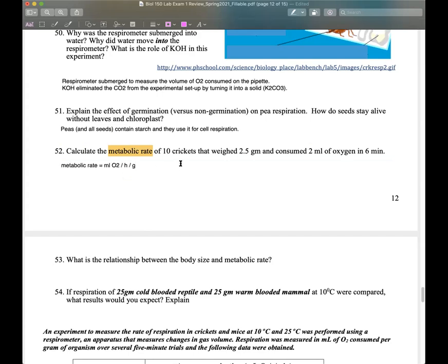So Professor, if you were to have minutes instead of hours and then kilograms instead of grams, you would have to convert from minutes to hours and kilograms to grams, right? To be able to use the formula? Correct, yeah. So it's talking about 2 mils of oxygen in 6 minutes. So let's convert this to milliliters per hour.